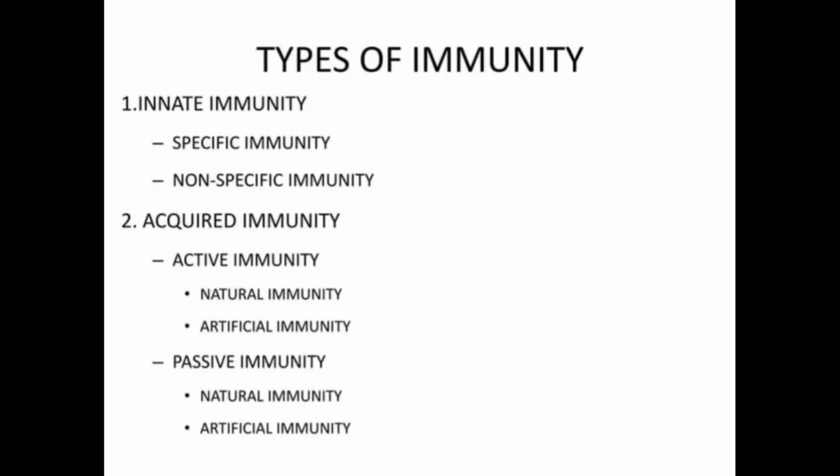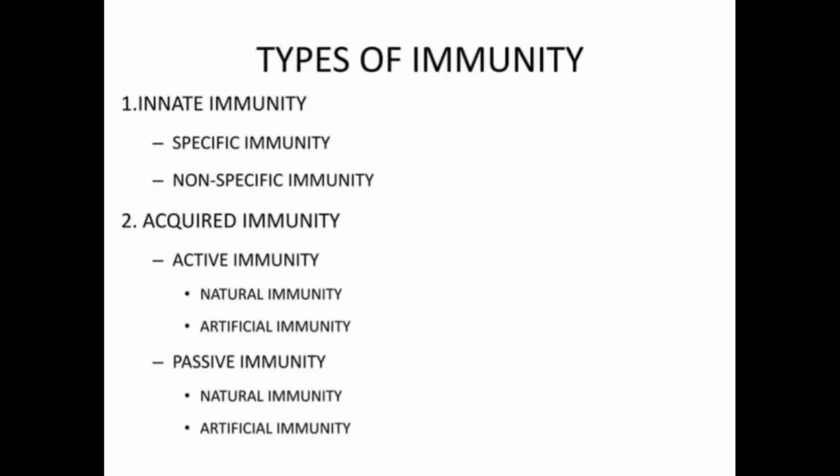The first division: immunity can be divided into innate immunity and acquired immunity. Innate immunity is also called inborn immunity. That means the immunity which we have from our birth to the end of our life is called innate immunity.